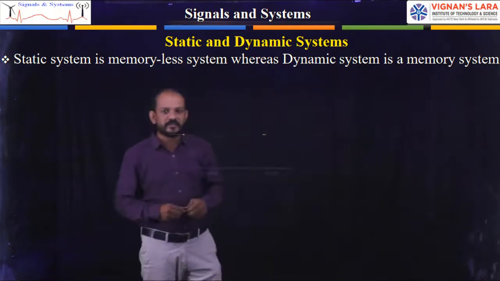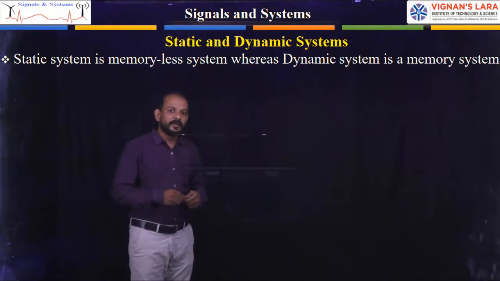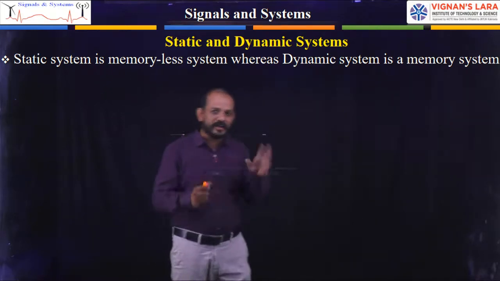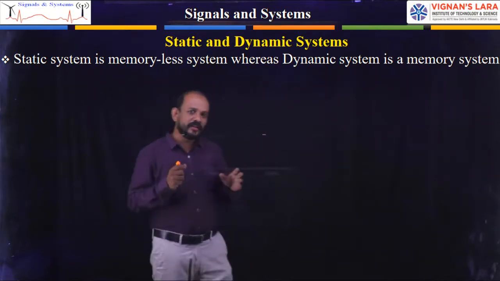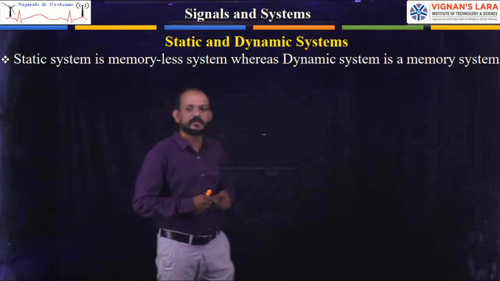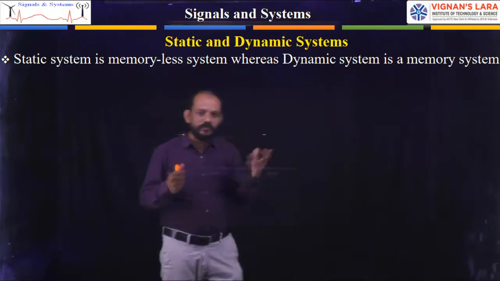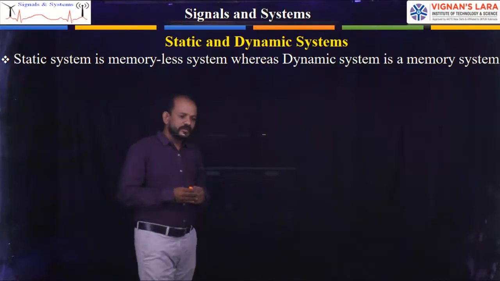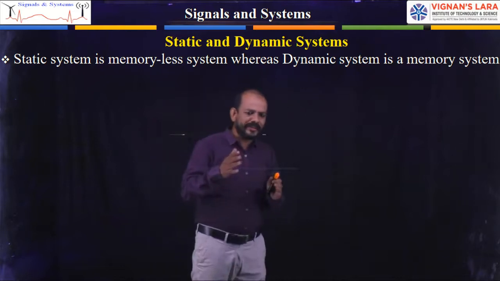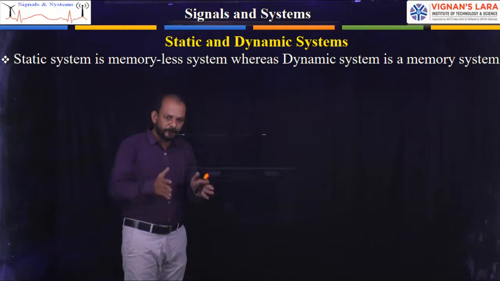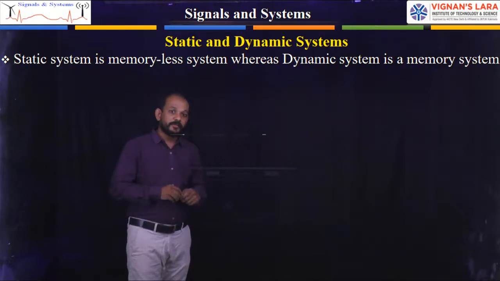But a dynamic person can do that work by collecting the values of previous ones and thinking about the future, analyzing everything and thinking dynamically. A static person will think only about what has been given to him, that is, the present situation only. But the dynamic person can think about the past and future also.